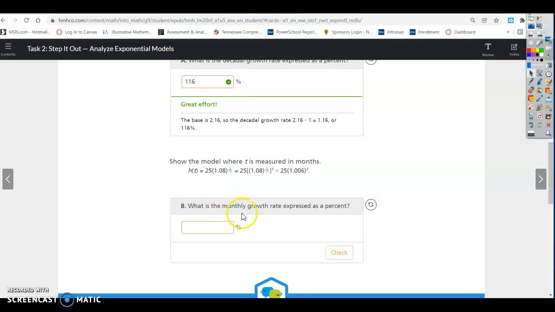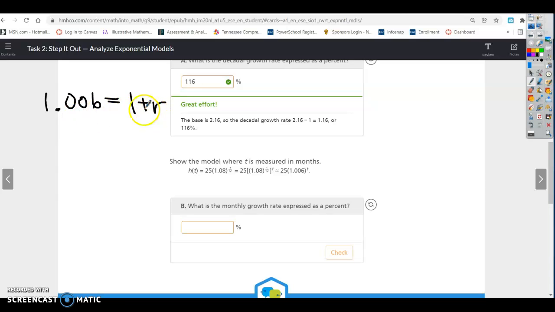So now it says, what is the monthly growth rate expressed as a percent? So now we have to look at this going in the other direction. So we're going to say 1.006 equals our 1 plus our interest rate, right?